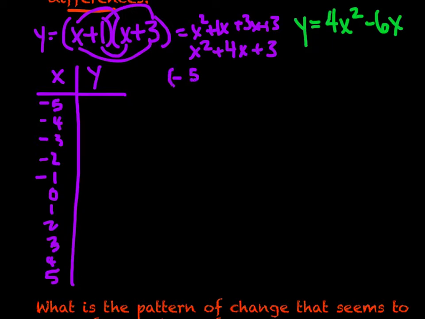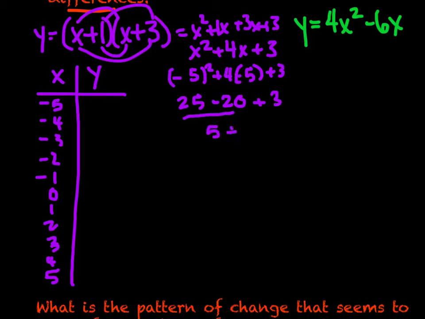So if we said -5 squared plus 4 times -5 plus 3, we need to figure out what that is. -5 squared would get me 25. 4 times -5 would get me, I'd be subtracting 20, and then I'm going to add 3. So 25 minus 20 is a +5, and then I'm going to add 3, so I get 8. So at -5, I'm at 8. We need to fill in the rest of this table, so I am going to do just that.